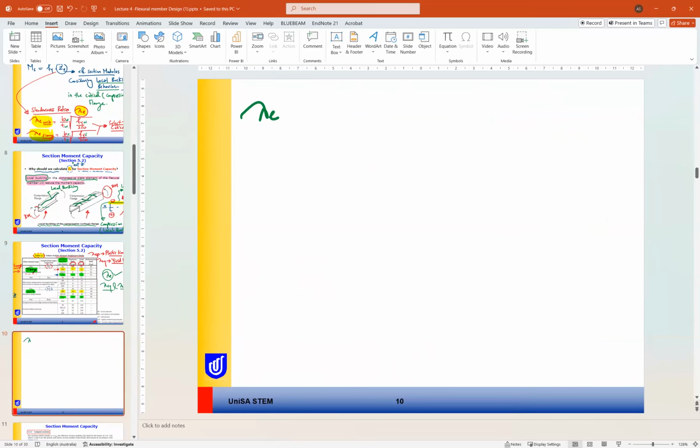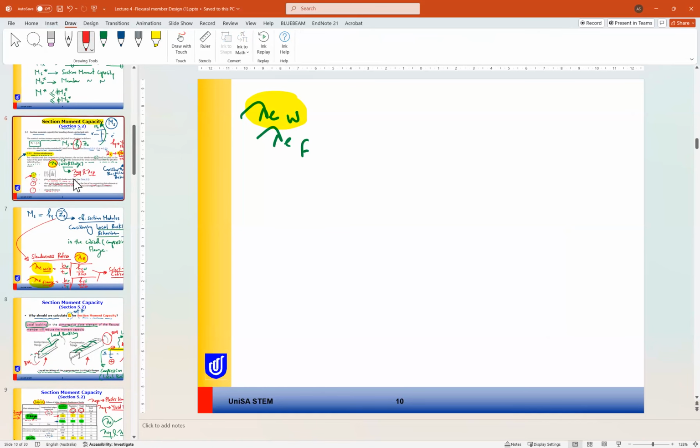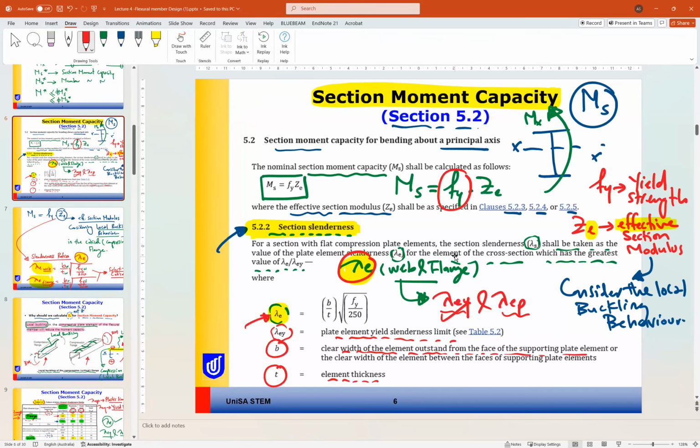After we get lambda E for web and lambda E for flange, we will work only on the critical one. So let's assume one of them is critical, this one for example. How do we know this is critical? If you go back to the standard, the standard mentions we need to find the cross section that has the greatest lambda E over lambda EY.